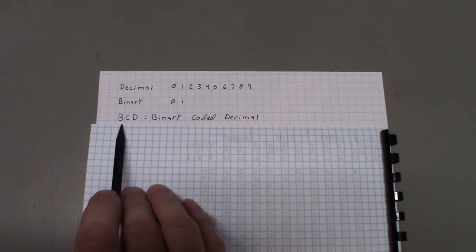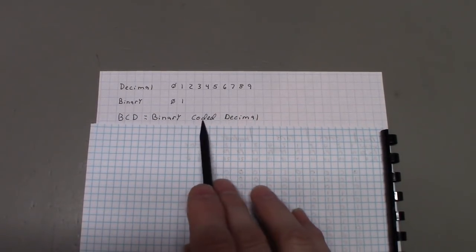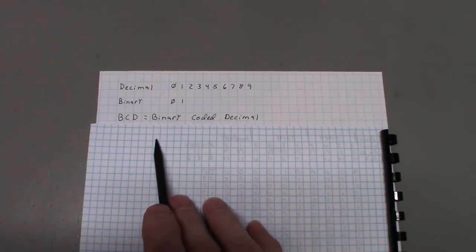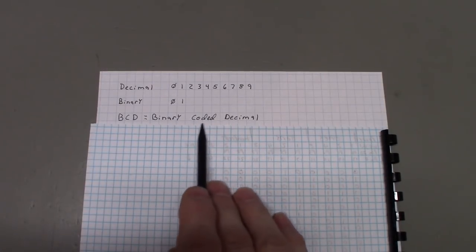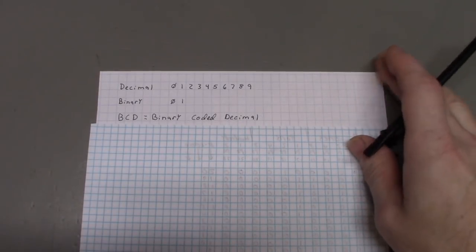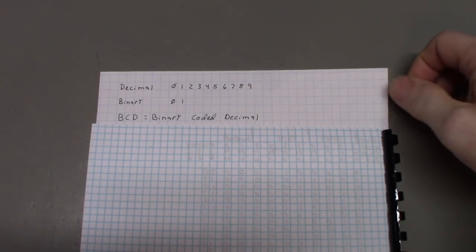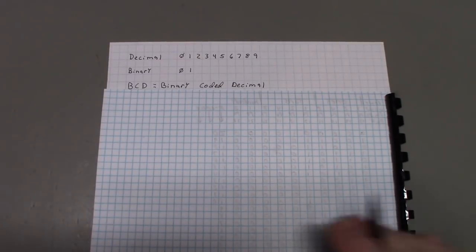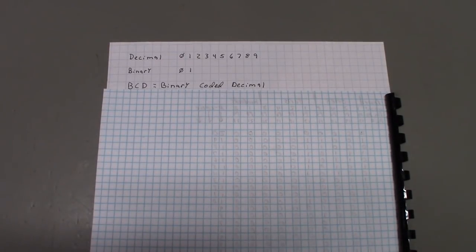Like I said, BCD stands for Binary Coded Decimal. So it is binary, but it's coded into a decimal system. It is a little confusing, but don't worry, it's not that bad. If you understood binary, you won't have any problem with this. If you remember from the video on binary, there were a few things that are backwards.